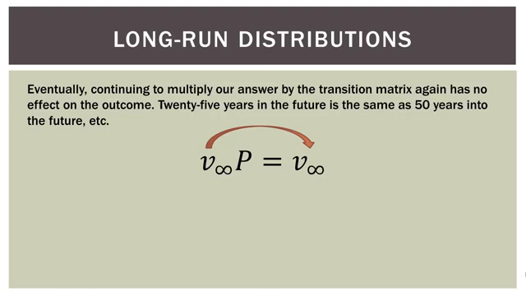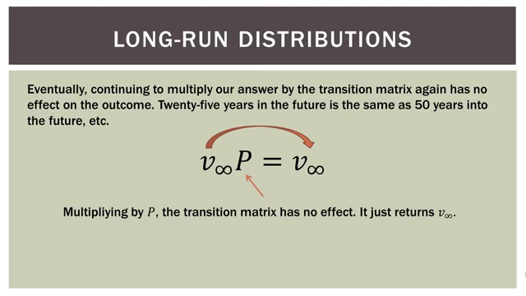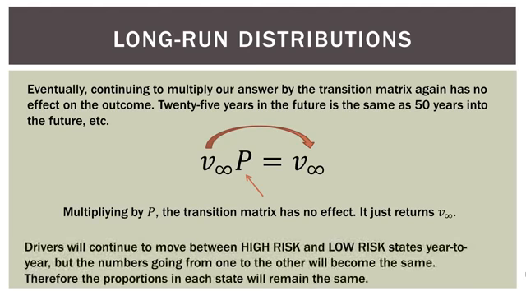It's just a simple algebraic expression where we're saying that V, our initial state vector, times P, our transition matrix, gives us back V. So initial state vector times transition matrix gives us back our initial state vector. Well, that sounds a whole lot like multiplying our initial state vector by 1, since we get the V back at the end, right? That'll be important here in a minute. So multiplying V by the transition matrix has no effect. It just returns V again.